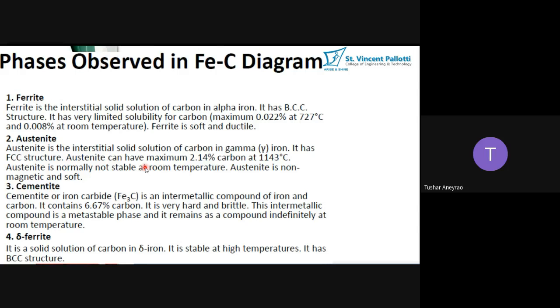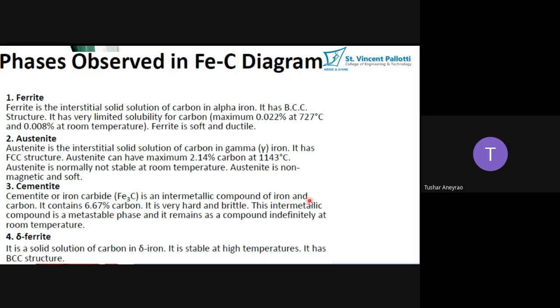Because cementite has a different type of structure, and it is stable at room temperature. It is not a mixture of iron and carbon, but a compound of iron and carbon. You can see here Fe3C is an intermetallic compound of iron, but due to its physical distinctness in property, we are calling it a different phase, right?